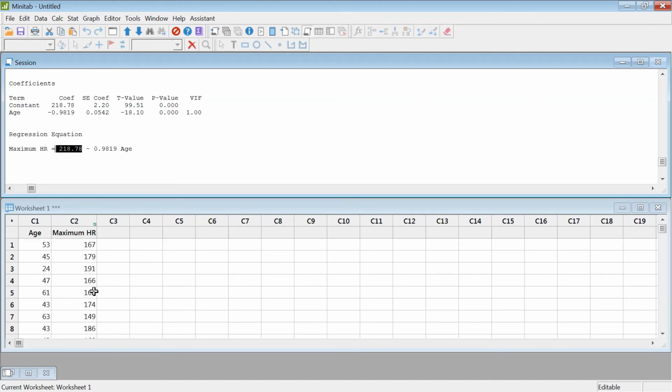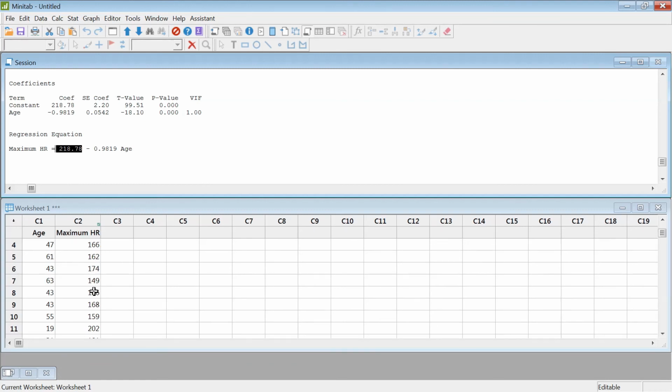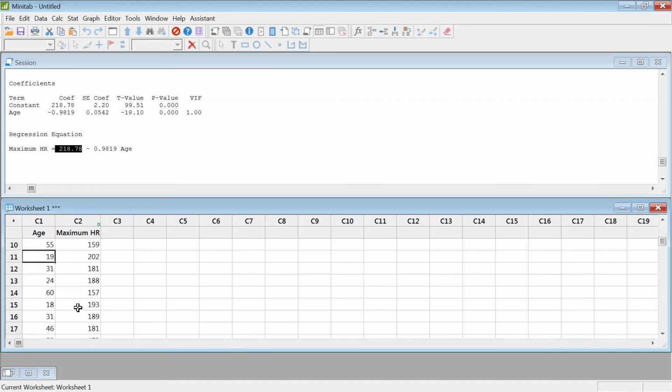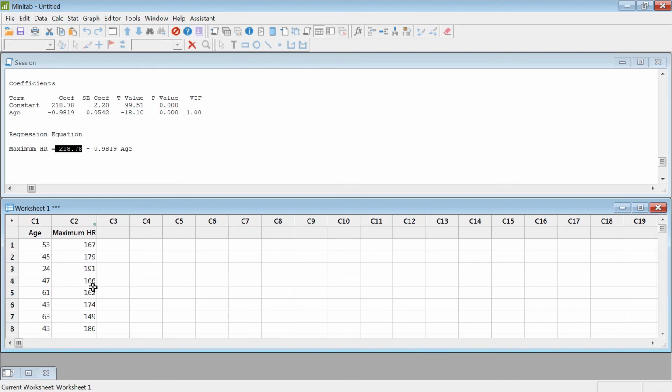That is a wrong statement to make, because we did not test any newborn child in this example. The minimum age I can see is 19. If we go down, 18, I think that's the minimum age I see. So this model only holds between 18 and 63, whatever range we collected the data. We cannot even say anything for age 15, what happens to that person.